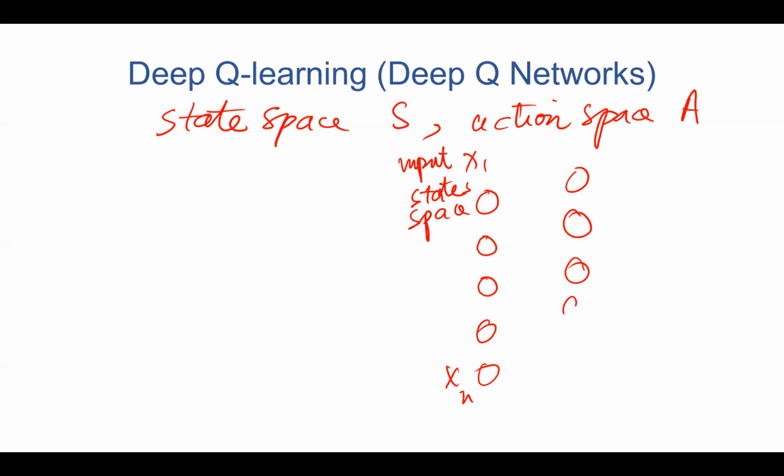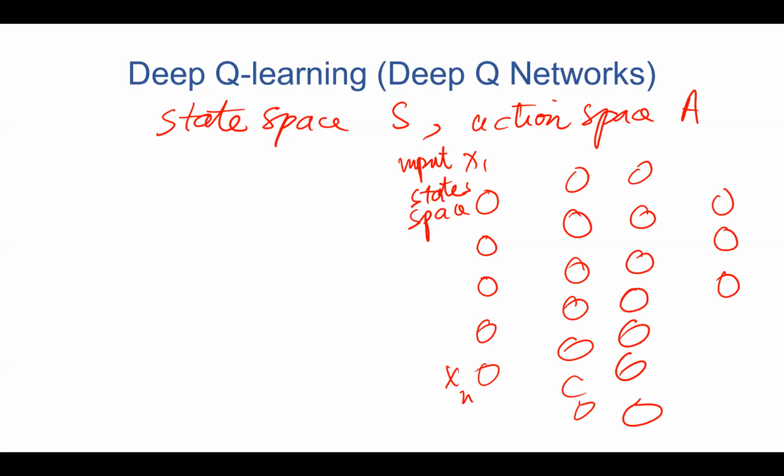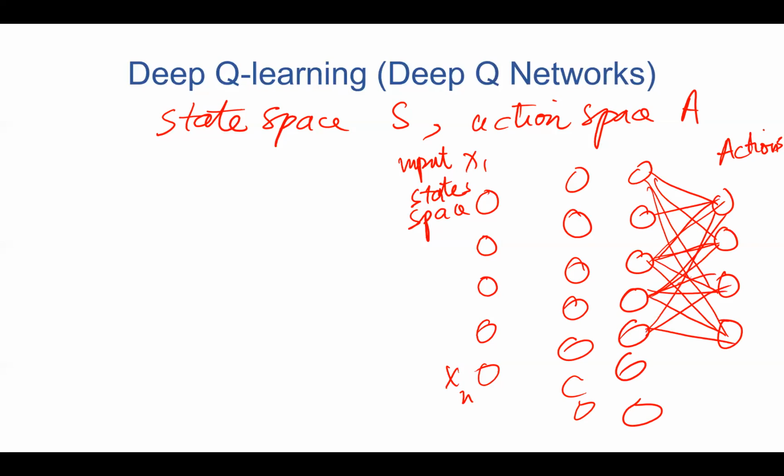You actually train a deep neural network with hidden layers, and you learn the actions based on the weights. It's too many, something like this. Okay, I'll just draw and it will be messy, but I hope you get the idea.